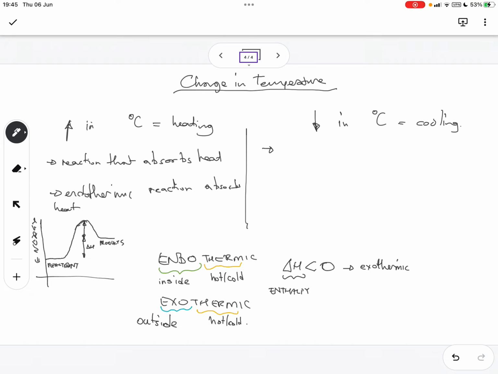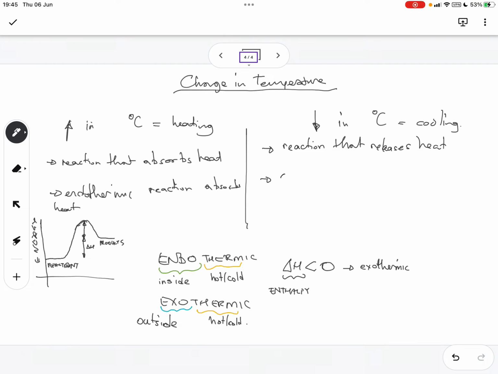Back to the discussion, Le Chatelier: when the temperature changes and the temperature is decreased or the system is cooled, then the reaction that is favored is the one that releases heat.